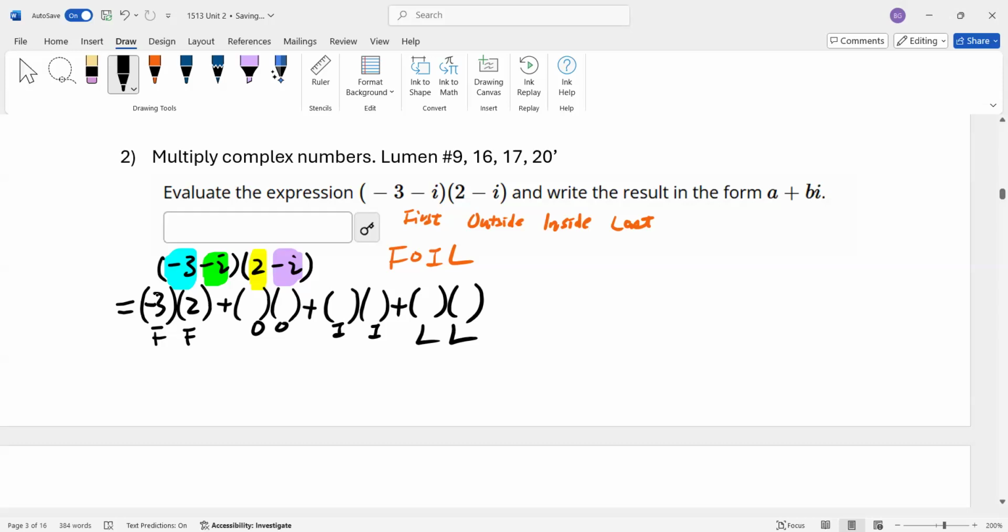Just put them here, one for each slot. Outside, blue and purple: -3, -i. Inside, green and yellow: -i, 2. Last, green and purple: -i, -i.